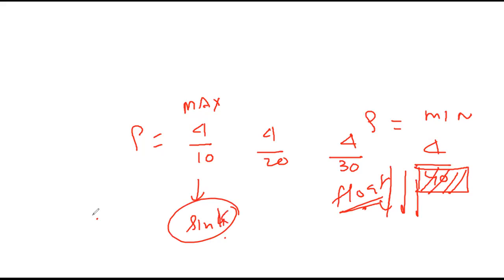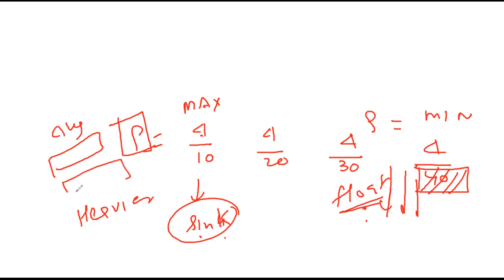Heavier body will sink and lighter will float. That means if density is more for same mass, then we say it is heavier. So if I have a wood of 4 kg and I take copper of 4 kg, who should sink in water?